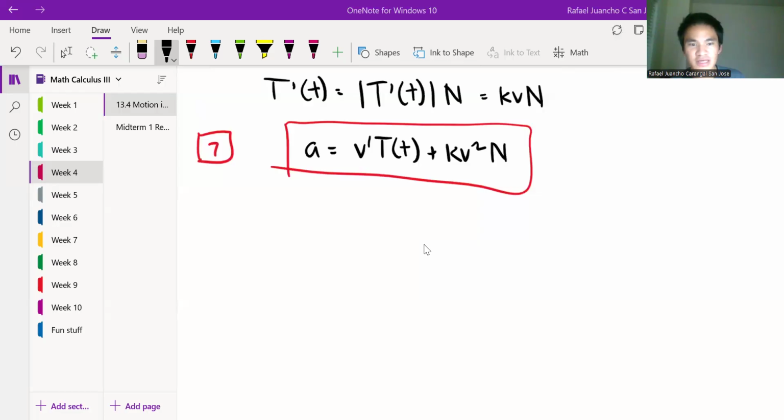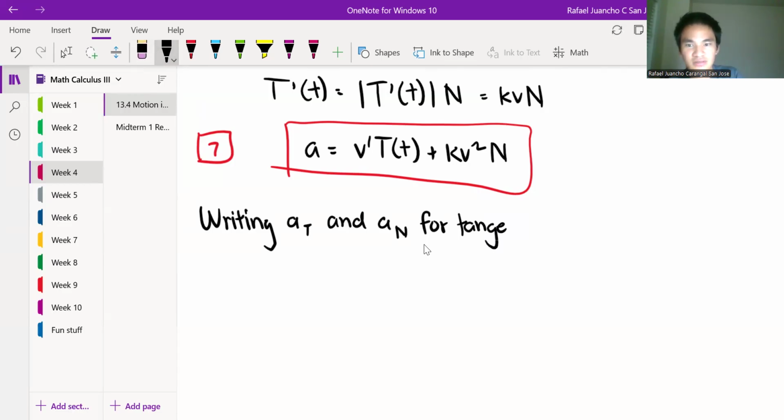And so now, to find the tangential and normal components of acceleration, we have a way of writing it, which was a sub t, I'm assuming that's how you call it, and a sub n for the normal, for the tangential and normal components of acceleration.